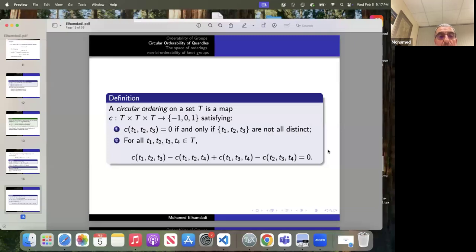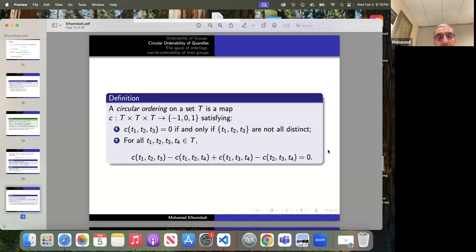Now we can define the notion of circular orderability. You remember previously we had that orderability is related to Homeo+ of the real line. We will see that circular orderability is related to Homeo+ of the circle group. A circular ordering on a set is just a map C from three copies of T to the set {-1, 0, 1}, and it satisfies the following two conditions.